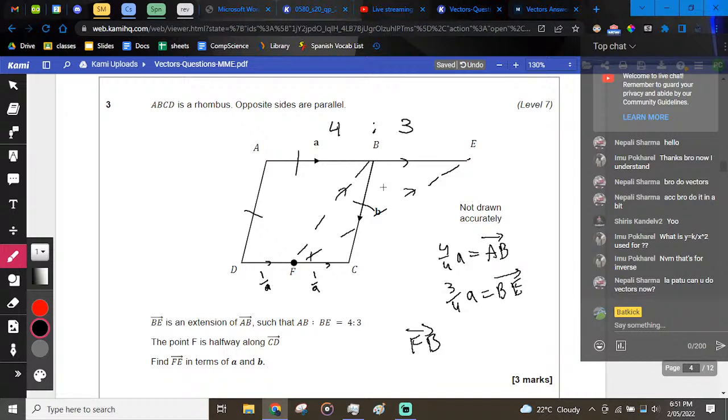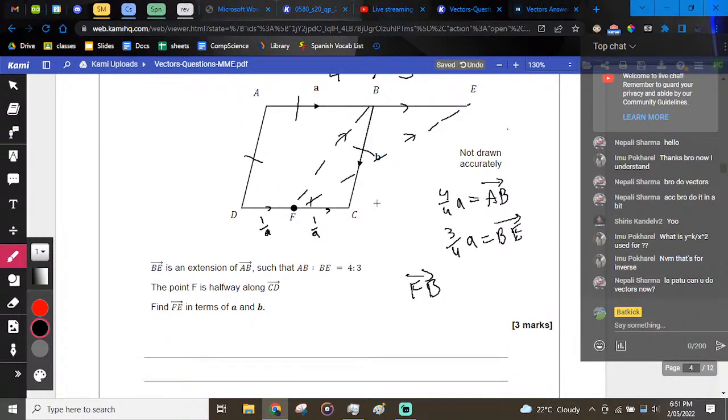Okay. What is F to B going to be? It's going to be half an a and negative b, small b. Half an a, because it's the same direction as a. There you go. Minus b, a whole b.